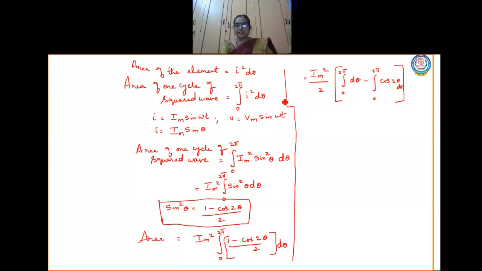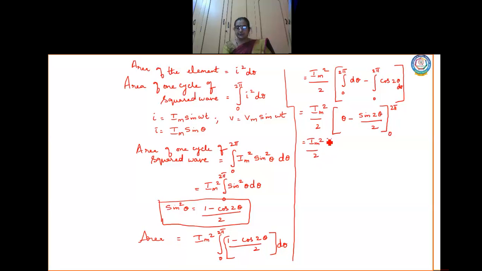So simplifying once again, I will have Im square by 2, integral d theta is theta, minus, integral cos 2 theta d theta is sine 2 theta by 2, with the limit 0 to 2 pi. Now I am going to substitute the limits. Again Im square by 2.